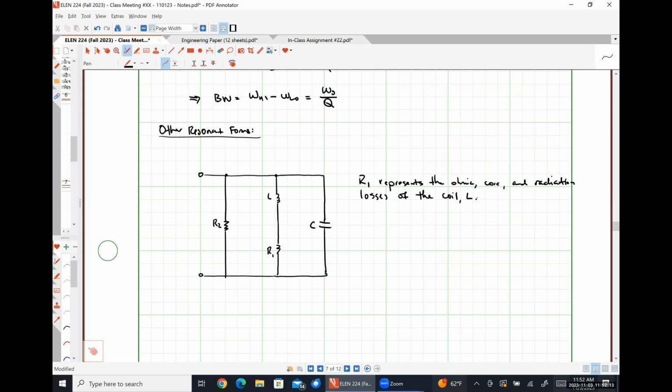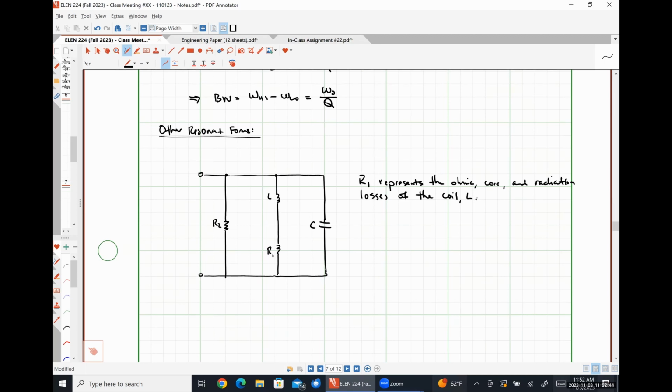We need to represent the losses that are incurred as we magnetize and demagnetize this core over and over. And then our radiation losses represent the fact that we might not have a toroidal coil or something like that, and so we might have electromagnetic flux that's leaving our system. That is also a loss we represent with some resistance. So this is just a lumped parameter of several different physical things that happen to coils when we sinusoidally excite them in a practical system.